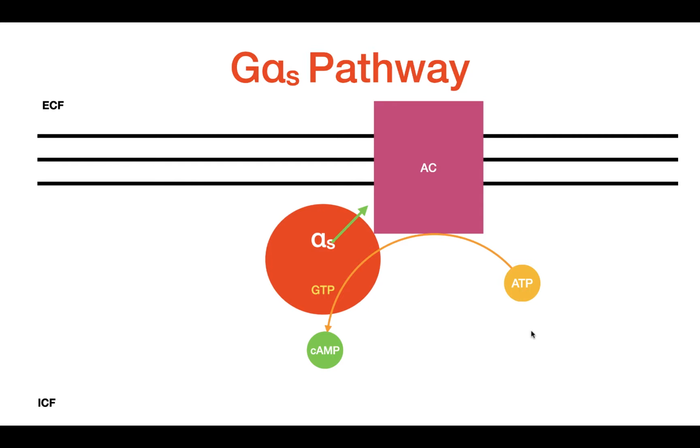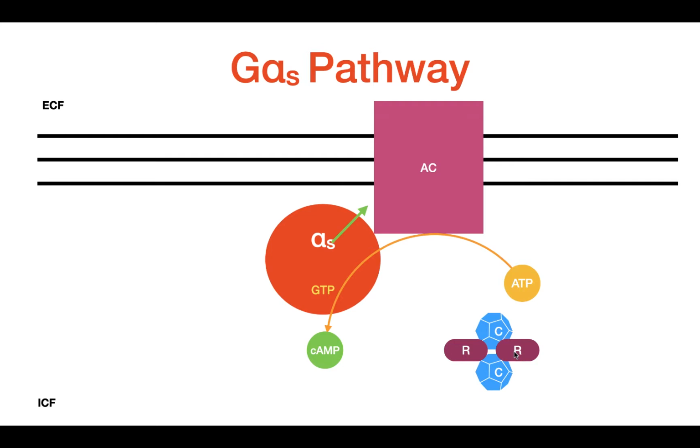Now, inside the cytosol, we have another protein called PKA, or protein kinase A. It has 4 domains: 2 catalytic domains, which are the domains that actually produce effects, and 2 regulatory domains that are bound to it and keep the catalytic domains together. These regulatory domains, when they're bound to the protein, prevent protein kinase A from exerting its effects.